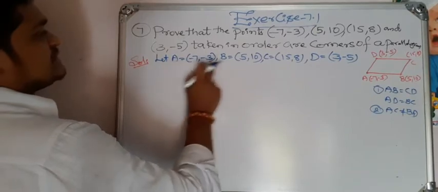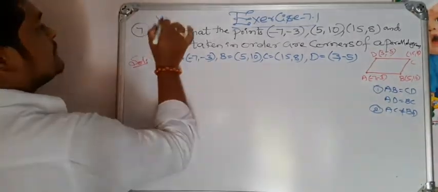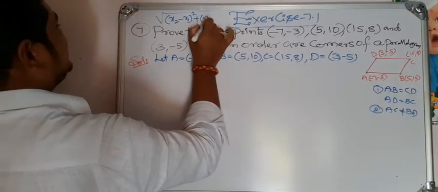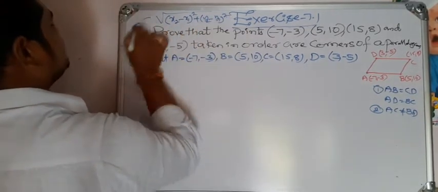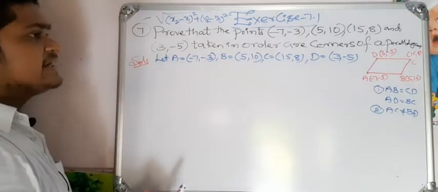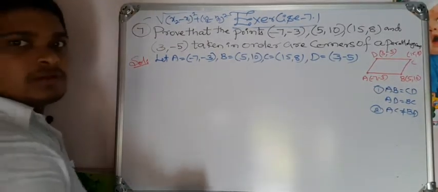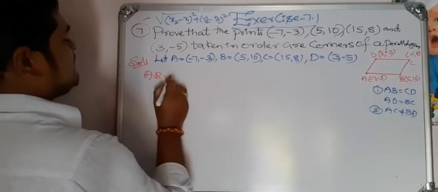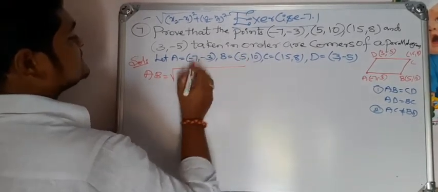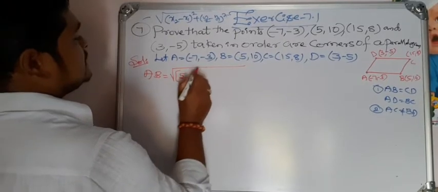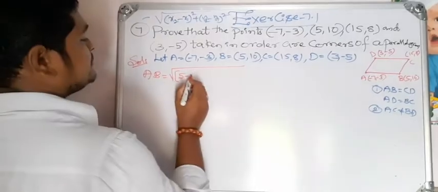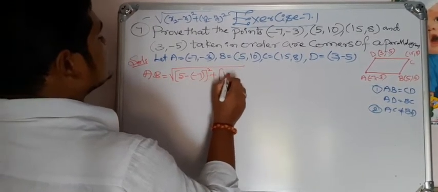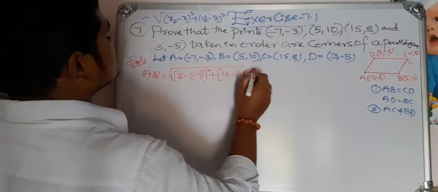Now find the distance between A and B with the help of the formula root over (x2 minus x1) whole square plus (y2 minus y1) whole square. So AB is equal to root of (5 minus of minus 7) whole square plus (10 minus of minus 3) whole square.